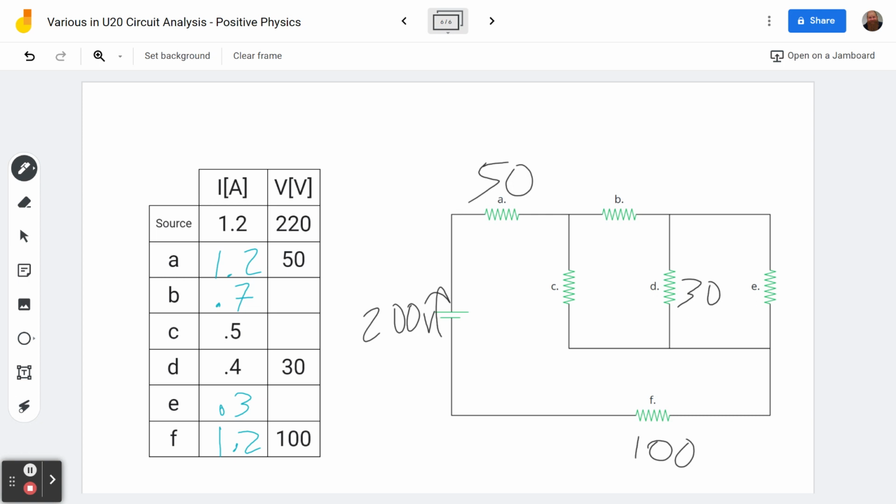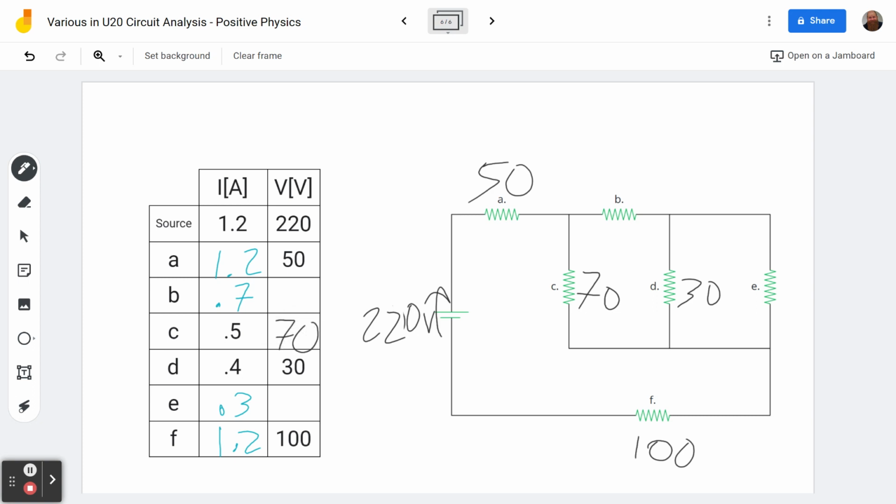Because remember, every path has to lose, I wrote the wrong number here, every path has to lose 220 volts. So this path, we lose 50, we lose something, and we lose 100. So we've lost 150. How much left do we have to lose to get to 220? That would be 70, because 50 plus 70 plus 100 gives us 220. So C must be 70.